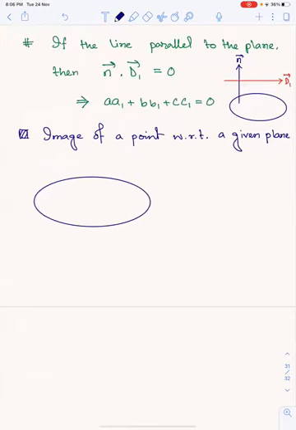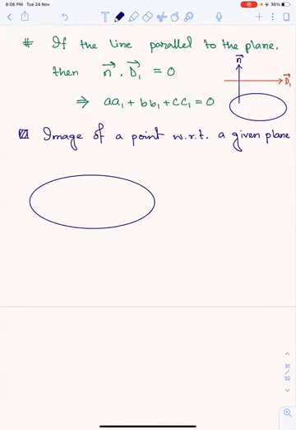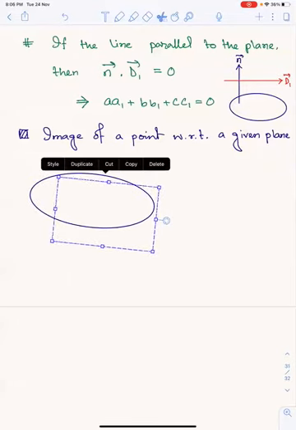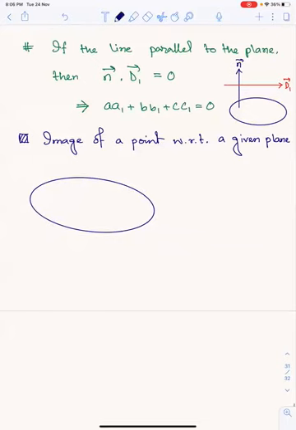Say we are given this plane. If we try to have the reflection of this point, so this is a point given as capital A, I need to reflect this on this plane. So what should we do?